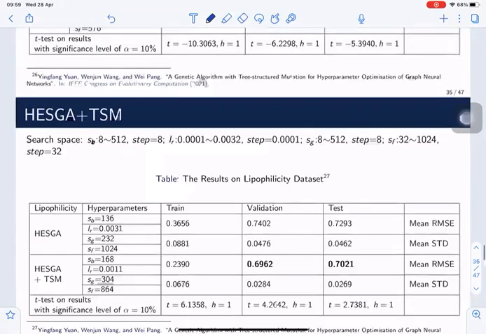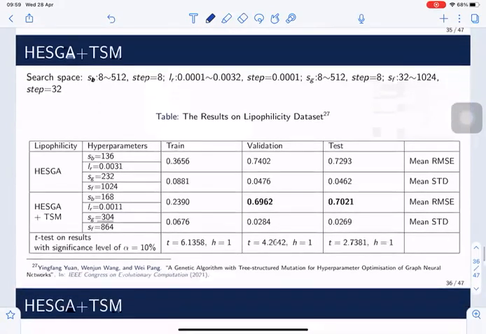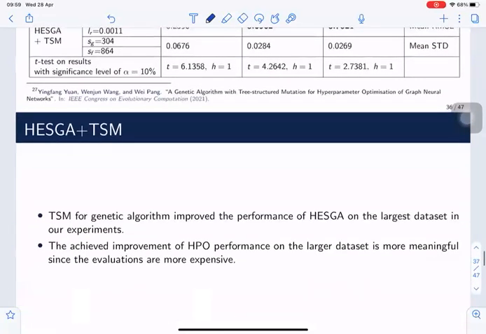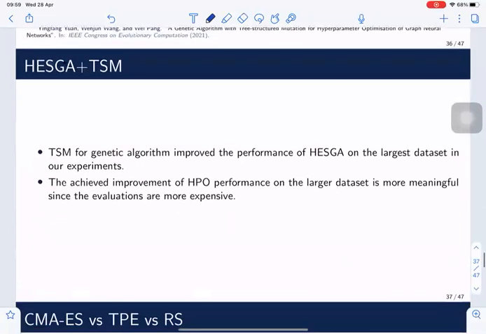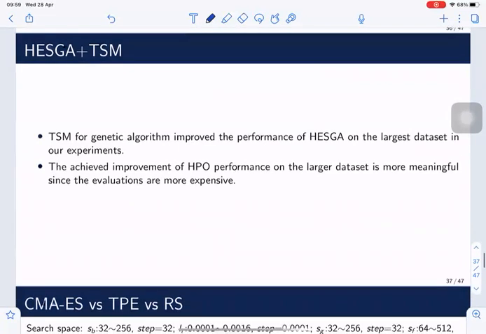But in the last one, our HISCA with TSM outperforms HISCA. We think the TSM for the genetic algorithm improved the performance of HISCA on the largest dataset in our experiments. The improvement of HPO performance on a large dataset is more meaningful since the evaluations are more expensive.